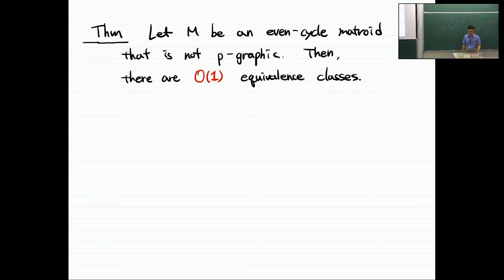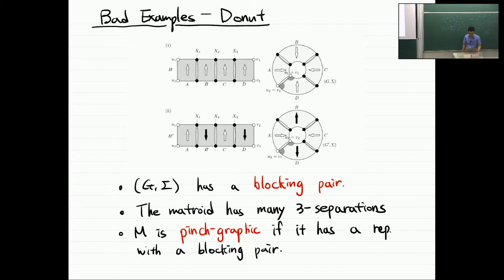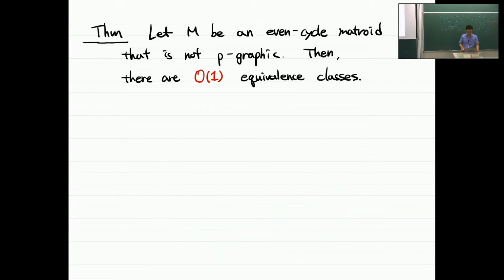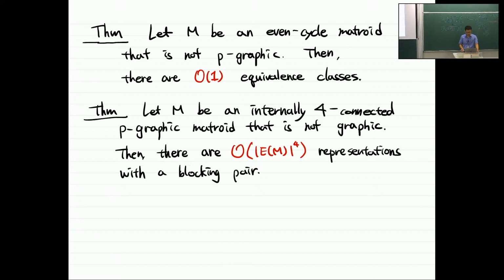So what about pinch-graphic matroids? Remember there are two conditions. We have bad examples because G sigma has a blocking pair and there are many 3-separations. If we exclude the blocking pair, then we have a constant number of equivalence classes. And if we exclude many 3-separations, then we also have a result.